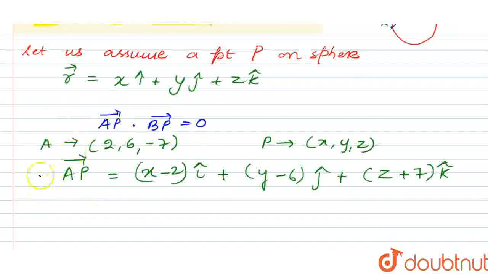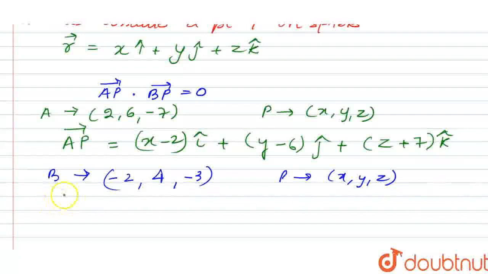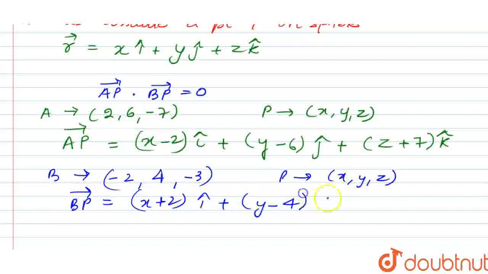And similarly for BP, we have our B point at minus 2, 4 and minus 3, and our P is at x, y and z. So BP will become x plus 2 i cap plus y minus 4 j cap plus z plus 3 k cap.